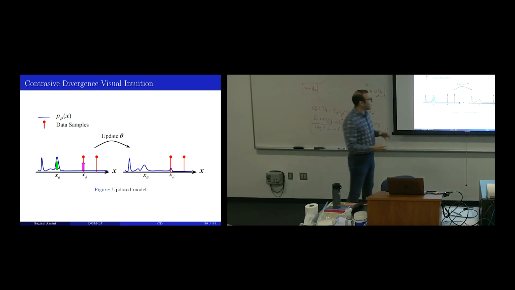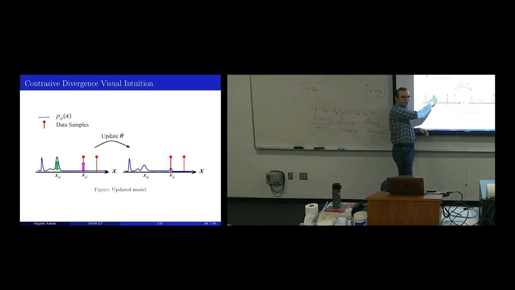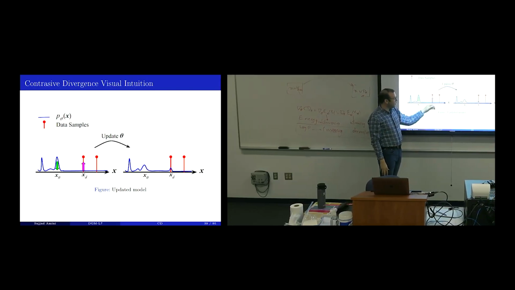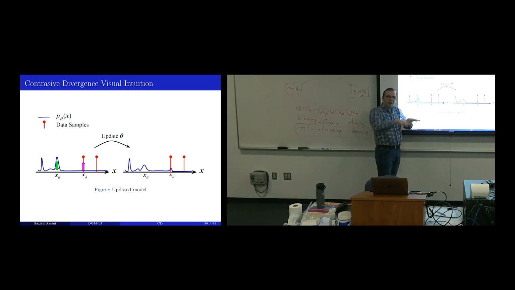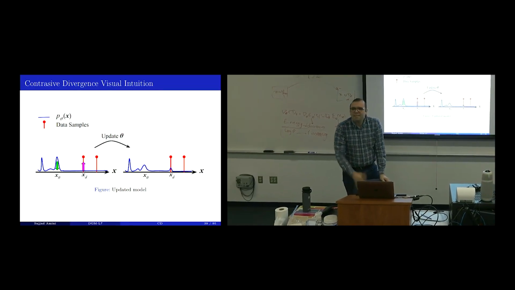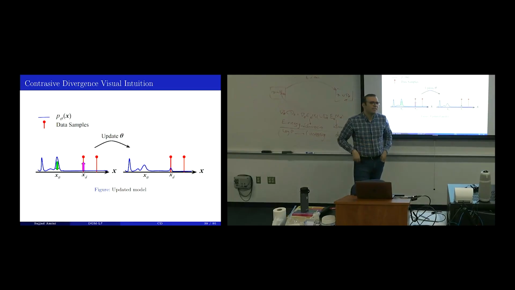It means that there is some budget here, you transfer it to here. You do not just increase your budget here and not affect this point. Not only do you increase here, you also decrease here to have some balance, or to have something unitary. This is the intuition behind CD.